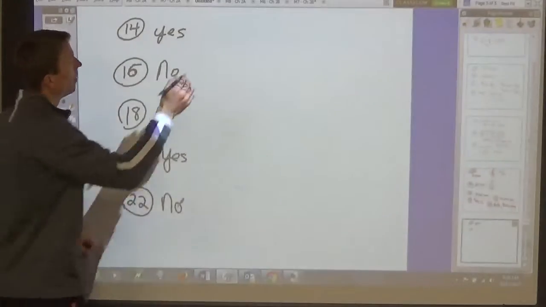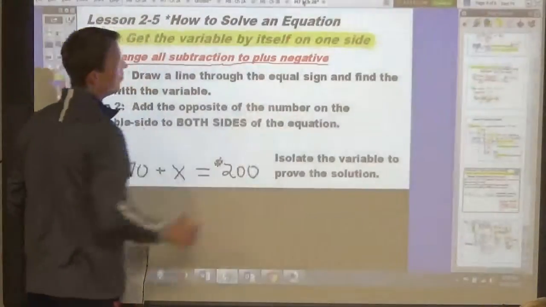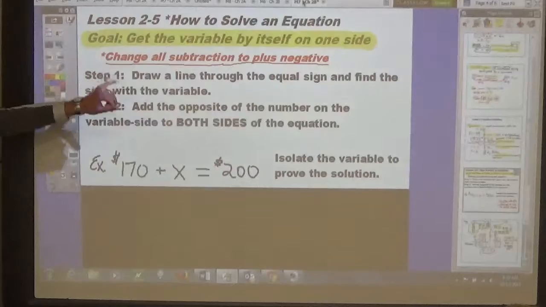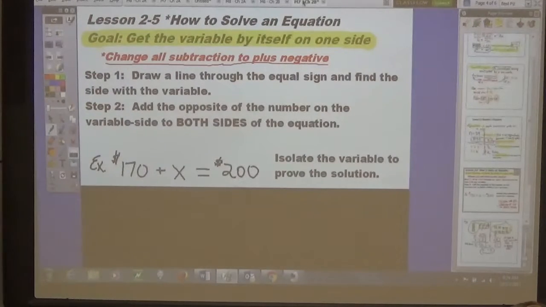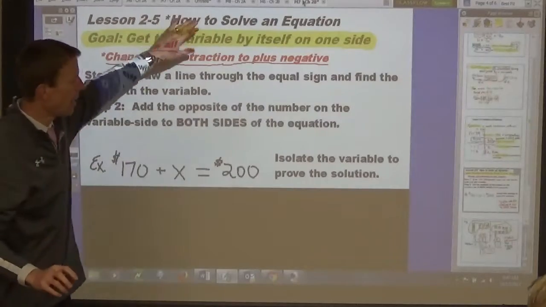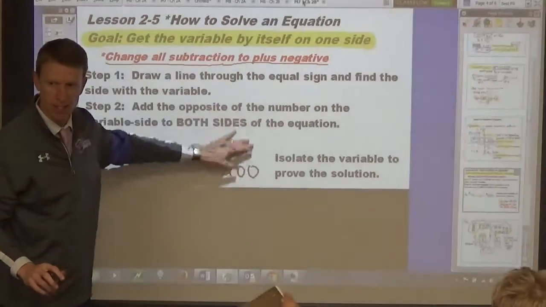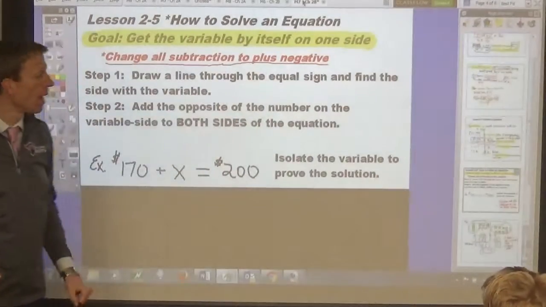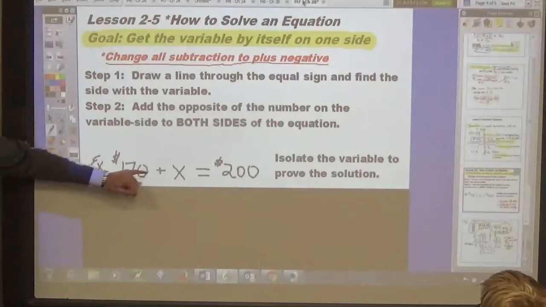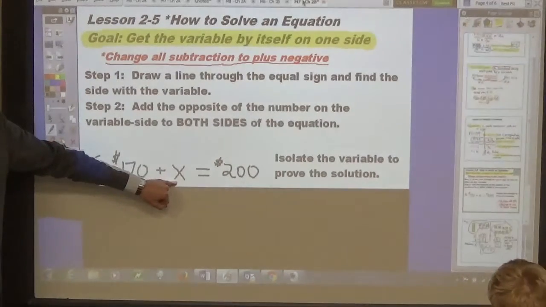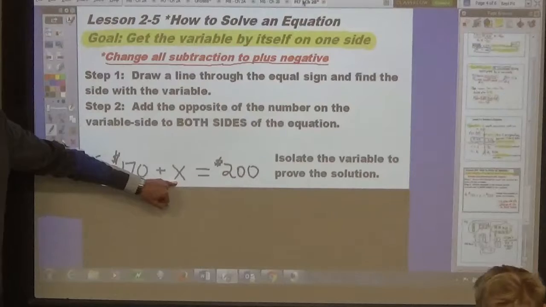Alright? Alright, let's go to our lesson for today. We're going to talk about how to solve an equation. The basics of solving. This is one of the most important things that you're going to have to learn this year, is the rules for how to prove that a solution is true. Okay?